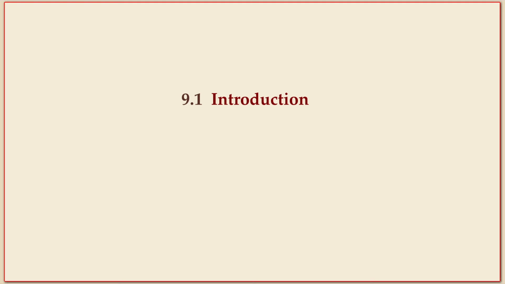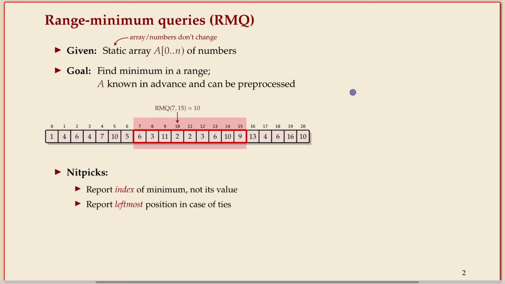So let's start with what this problem is all about. The range minimum query problem consists of being given an array, and these can just be numbers. So you're given this array ahead of time, and you can look at it and work your magic on it and take notes.